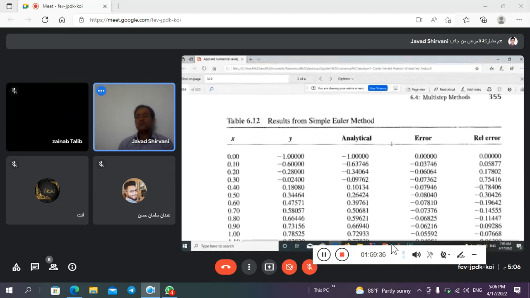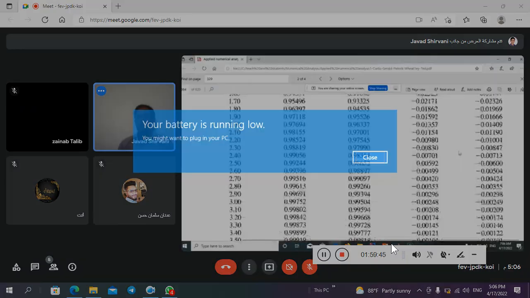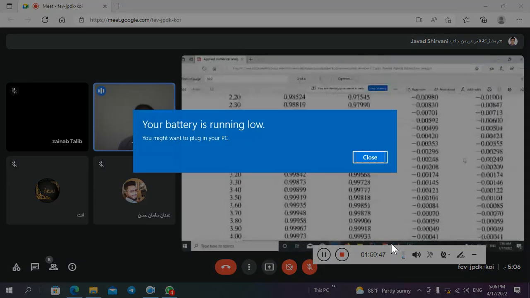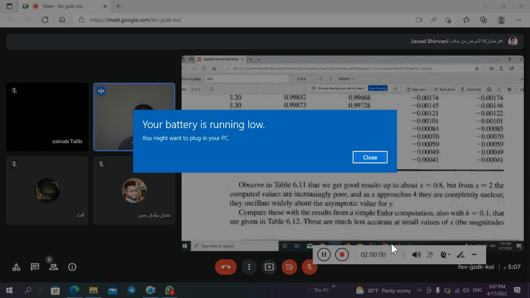This table shows the results from the simple Euler method. We take a look at the error and relative errors. When we go away from the initial point, we get very small amounts of error and relative error.